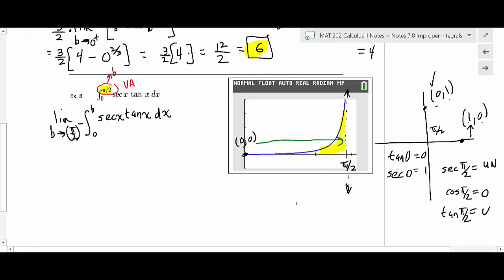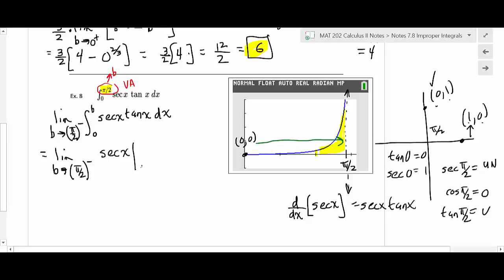Way back in Calc 1, you should have learned that the derivative of the secant is the secant tangent. So that means we know the integral of that is just the secant. So this would be equal to the limit as b approaches pi over 2 from the left-hand side of the secant of x evaluated from 0 to b.